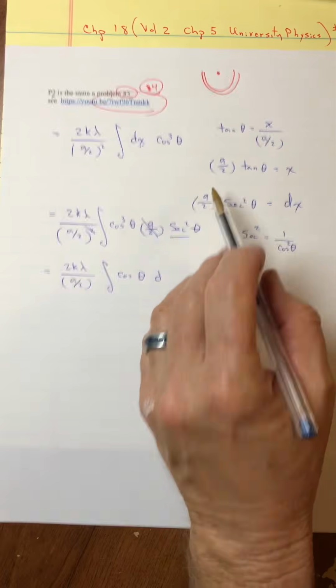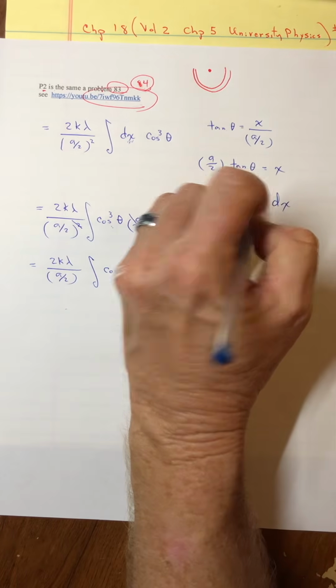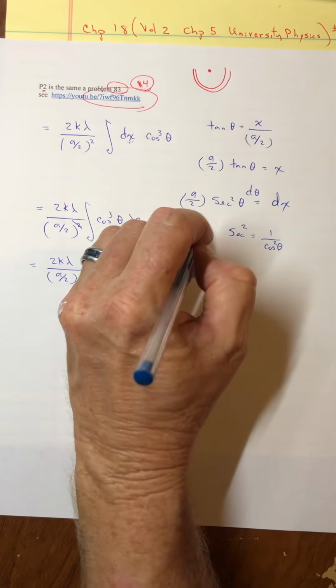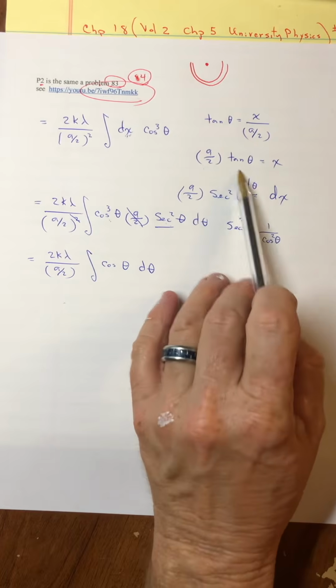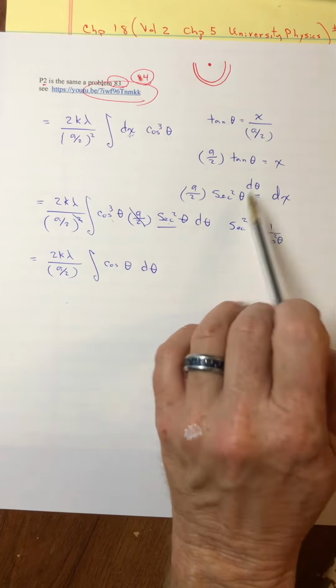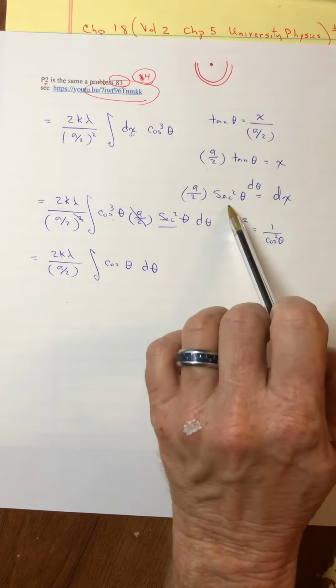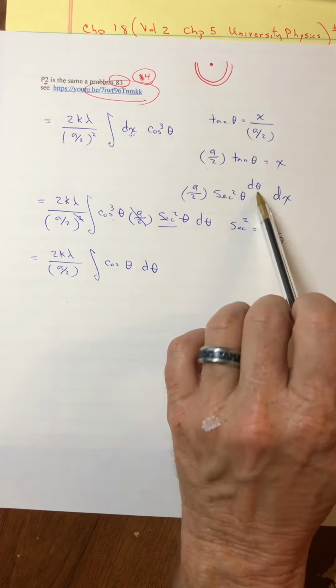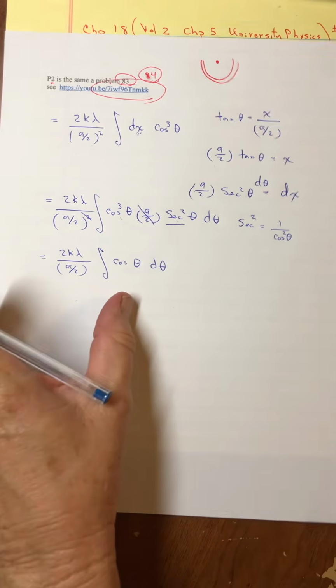Oh, and I guess I'm sorry, when I did my little differential here, I forgot to put a d theta. And so there should be a d theta here and a d theta here. Okay, so I can't have a differential on one side without the other. So I took the differential of this side, dx, and then I would have the derivative of the tangent and then the d theta.